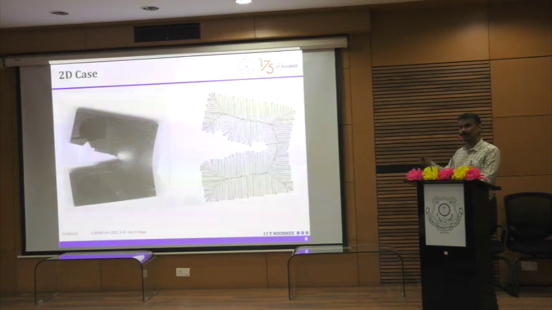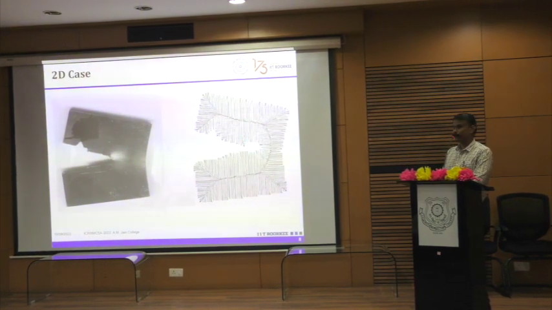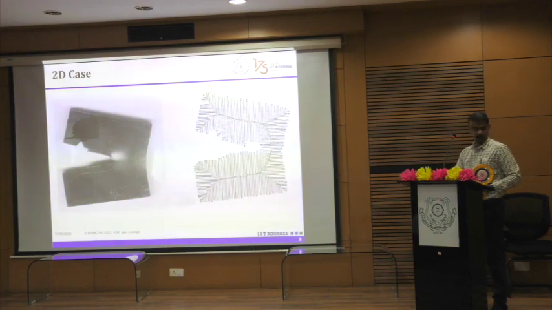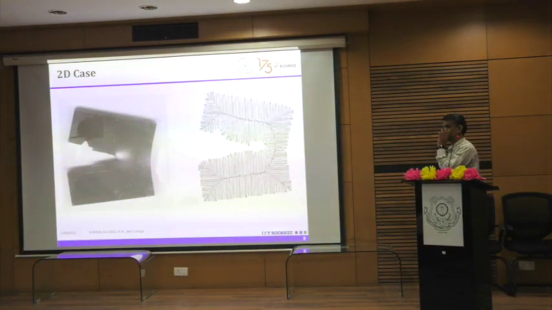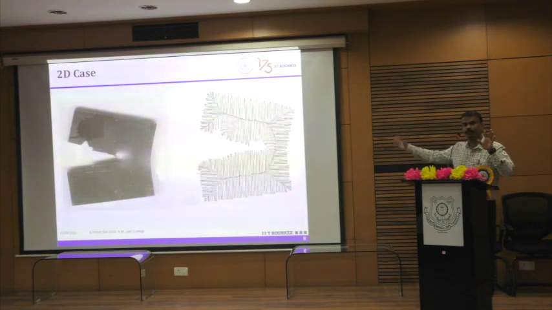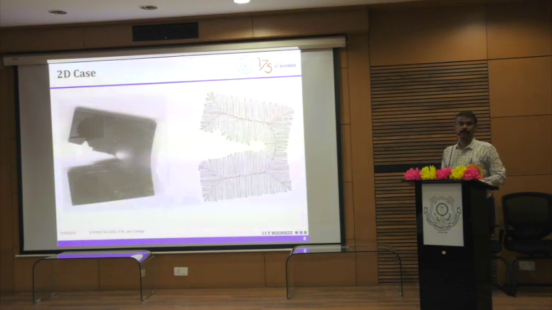I don't have a board, otherwise I would have written it here. Anyway, I'll continue. You have a vector: from the two-dimensional function f of x y, you find dou f by dou x along the x axis and dou f by dou y along the y axis. So you get a vector like this. This is a vector space.